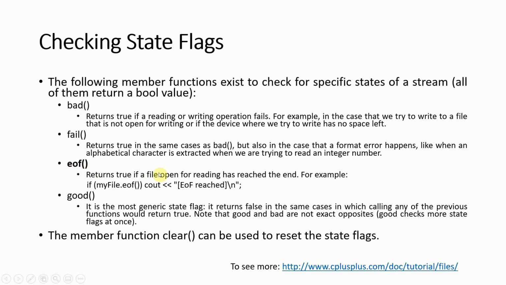It returns true if a file open for reading has reached the end. So if you reach the end, this returns true. You can use this function to know exactly how many lines you have to read.